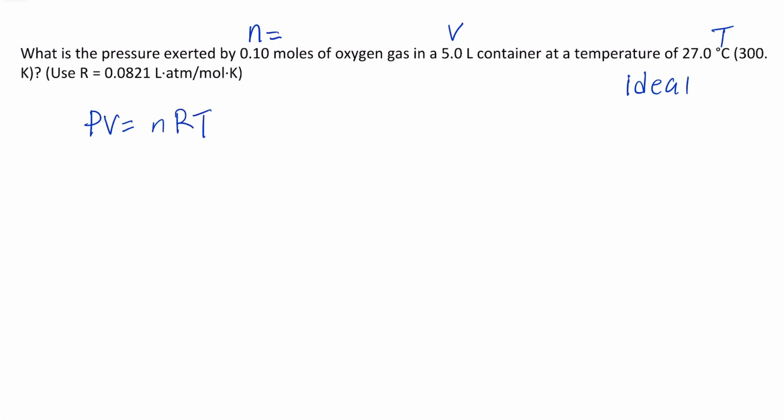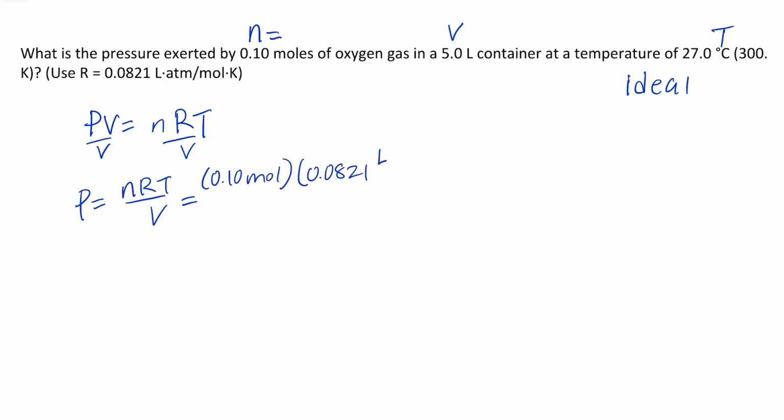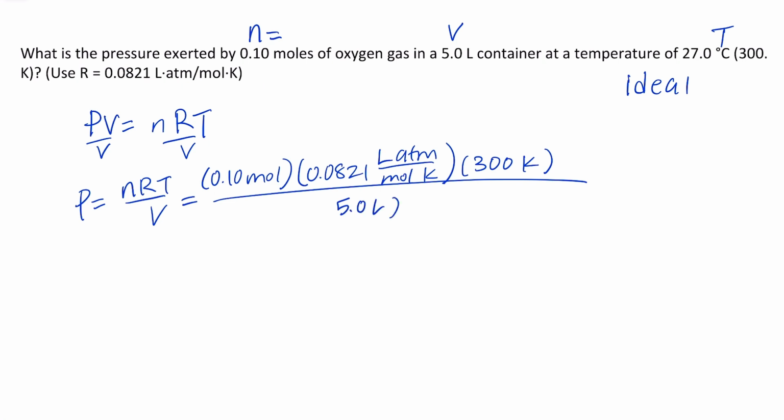And if you isolate for P, you get P equals nRT over V, which is 0.10 mole times 0.0821 L atm over mole K times 300 Kelvin all over 5.0 liters.